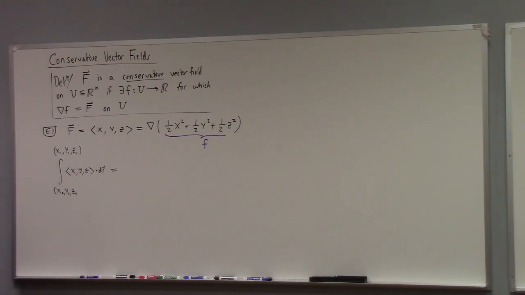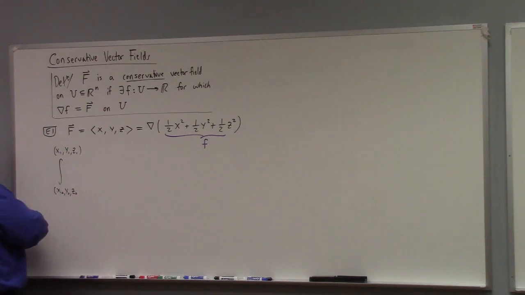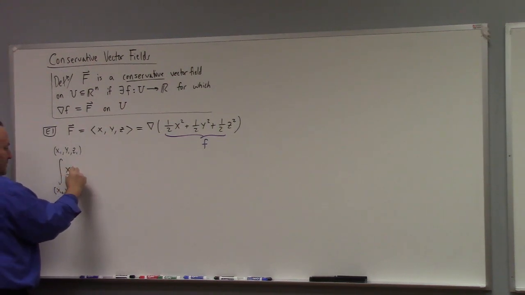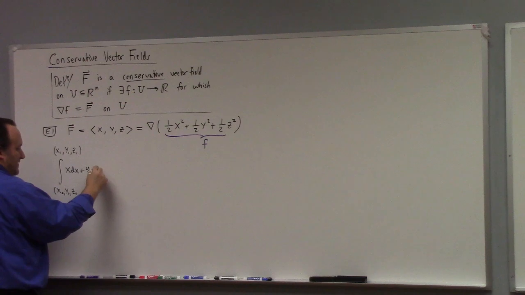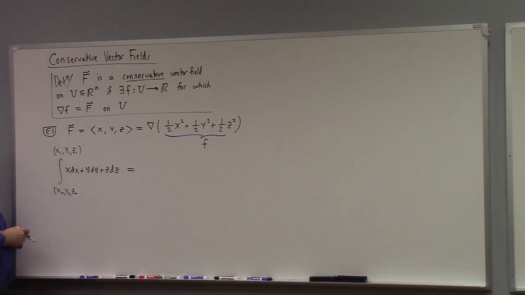Or, in fact, let me just slip back into the other notation for a second here: x dx plus y dy. I'd like for you guys to be comfortable with both notations. The F dot dr notation, but also this differential notation, if you will.